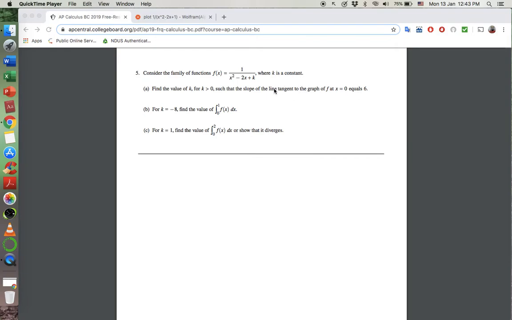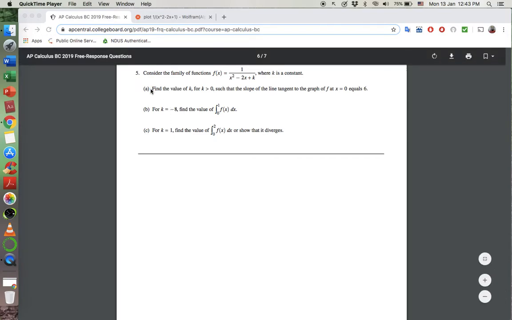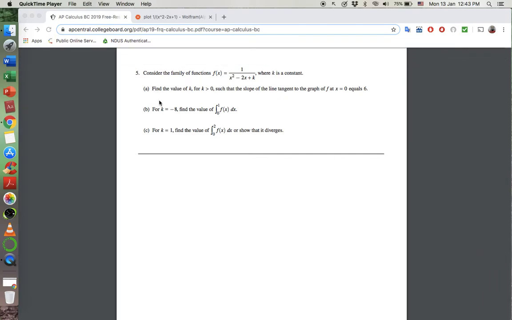And so remember, the tangent line is the first derivative. So in A, we're going to have to apply the quotient rule for derivatives. So we're going to view f of x as a quotient of two functions. I'm going to call it h of x over g of x, where h of x is equal to 1 and g of x is equal to the denominator there.